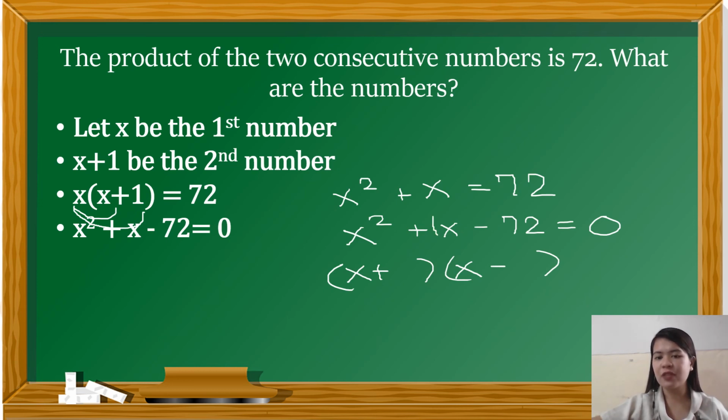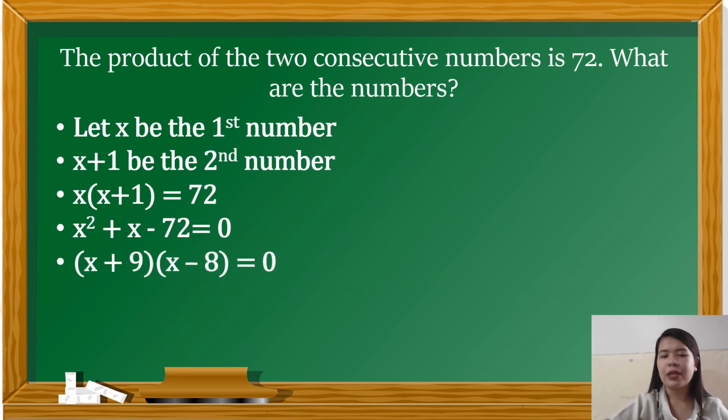Because we have here the invisible 1. Factors of 72, number na kapag pinag-multiply sa isa't isa, ang sagot ay 72, pero pag pinag-subtract naman, ang magiging sagot ay 1. Those are 9 and 8. Since the sign of our middle term is positive, so we will have positive 9 here and negative 8 here.